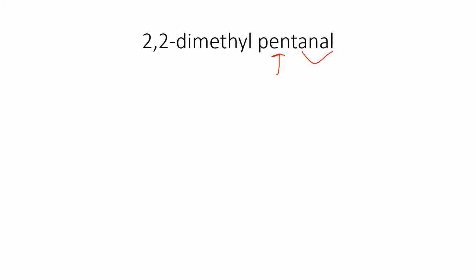So here I'm going to get my 5 carbons in place. 1, 2, 3, 4, 5. This time I'm going to put the aldehyde on the left-hand side of the molecule. An aldehyde, the C double bond O, has to be on an end carbon. I'm going to choose to put it on the left-hand side. So I'm going to get my C double bond O in.